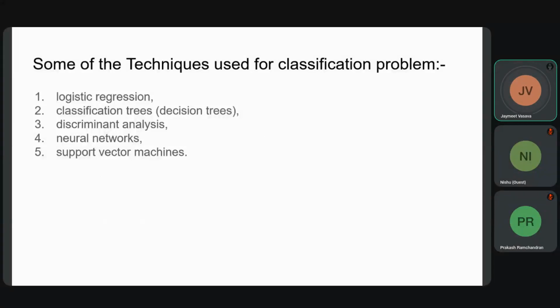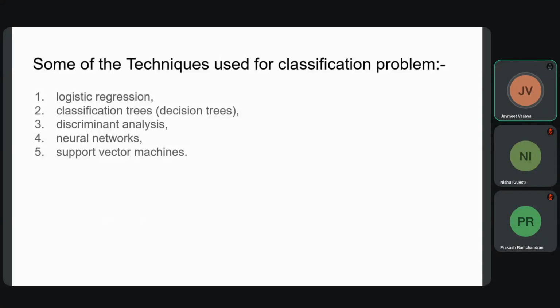Then neural networks are nothing but trying to enact the way our brain works, having neurons organized in layers, and each layer acts on different terms or a different function and tries to achieve a task in a human-brain-like manner.